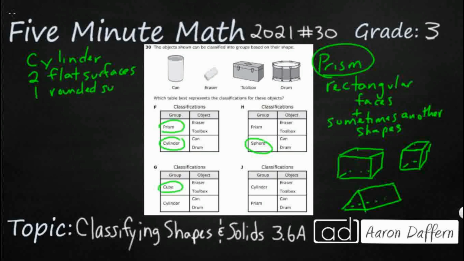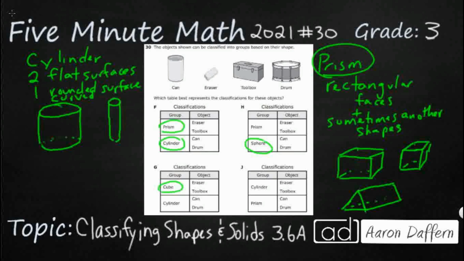For example, you're going to have a circle up on top, and then kind of a circle on bottom. Draw that little line right there to make it look like it's behind. And that's really what it is. It can be really tall and skinny. It can be kind of like this. But these are cylinders because you've got a flat surface on the bottom, a flat surface on the top, and you've got something that's curved, sometimes called a rounded, sometimes called a curved surface, that's connecting the two.